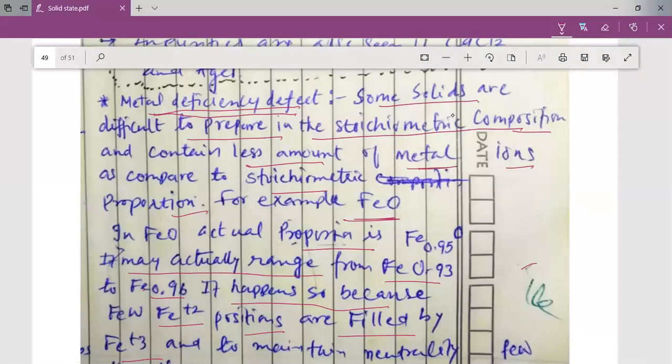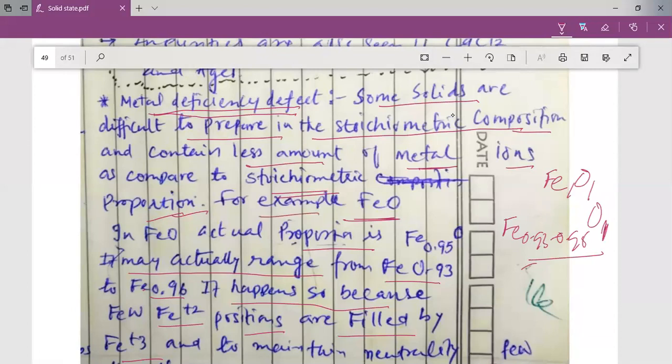You have seen that Fe is found in less amount as compared to the stoichiometric proportion. Stoichiometric proportion was Fe1O1, but we have Fe0.93 to 0.96 O1. So the metal is present in a lesser amount as compared to the stoichiometric proportion.